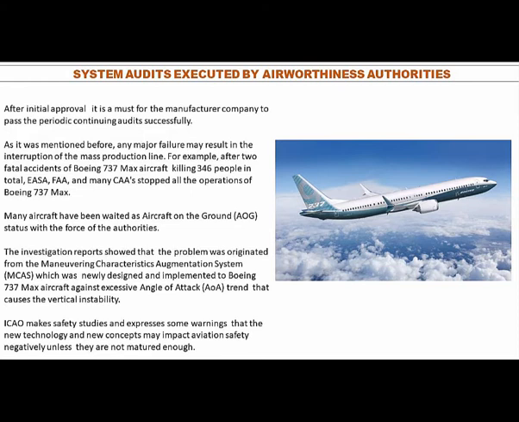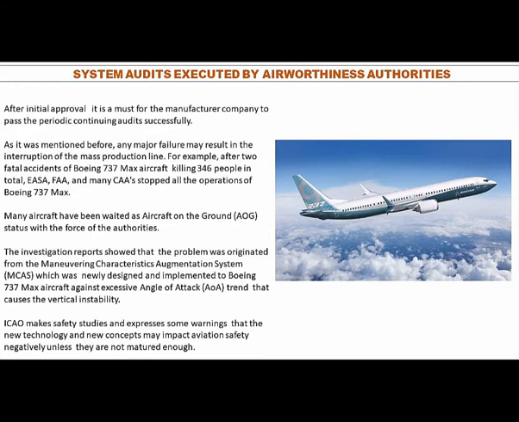For example, after two fatal accidents of Boeing 737 MAX aircraft, killing 346 people in total, EASA, FAA, and many countries' airworthiness authorities stopped all the operations of Boeing 737 MAX, and many aircraft have been left in aircraft-on-the-ground status by force of the authorities.